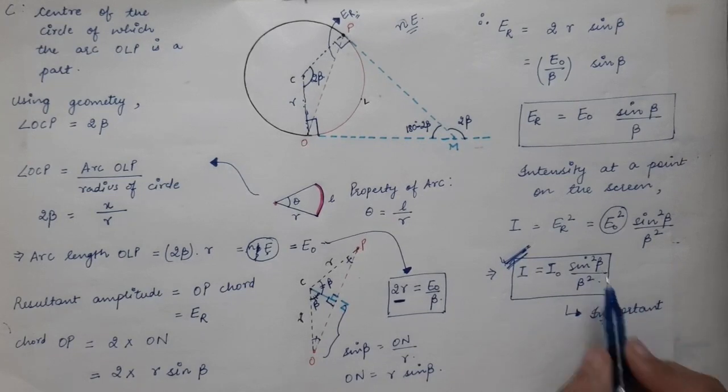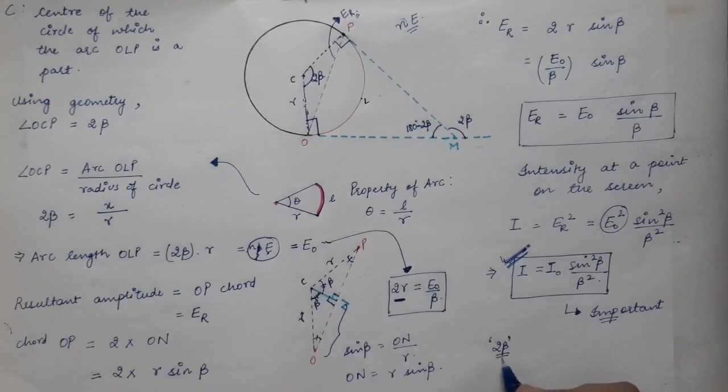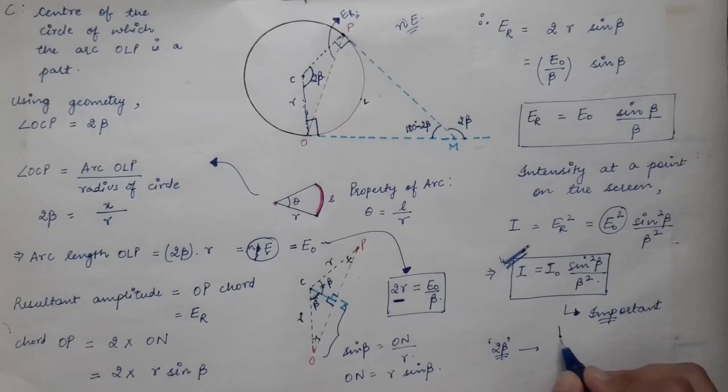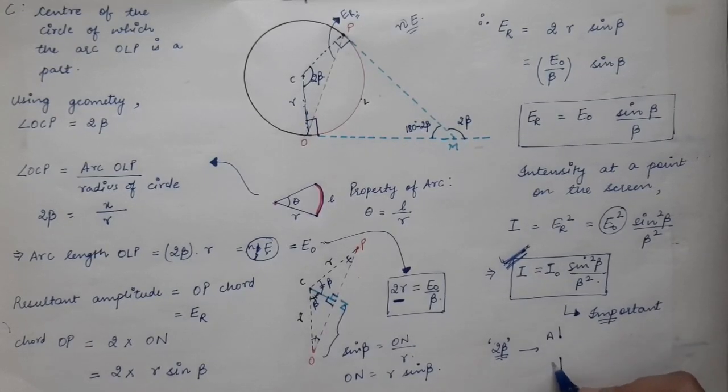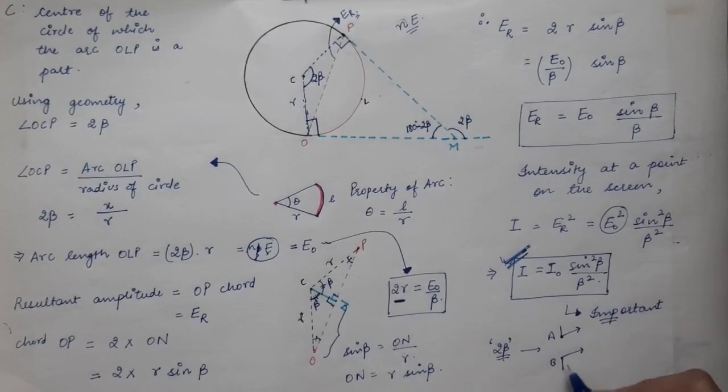So keep in mind, twice of beta is the phase difference between the light rays which are coming from the A point and B point of the slit. So the light rays which are coming from A and B point of the slit, the phase difference between these two light rays is equal to twice of beta.